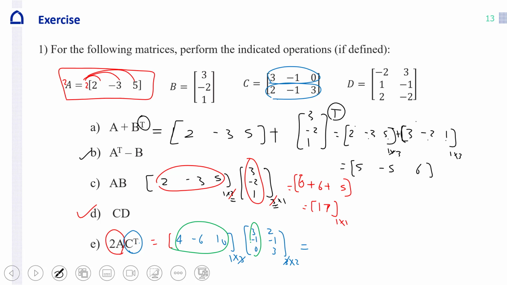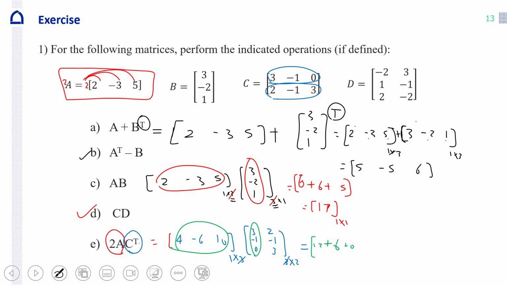I go with the first one. So multiply the first one by the first one, I have 12. The second one by the second one, and add it to this previous one. The third one with the third one. So I have 10 times 0 is 0. I finish with the first column.